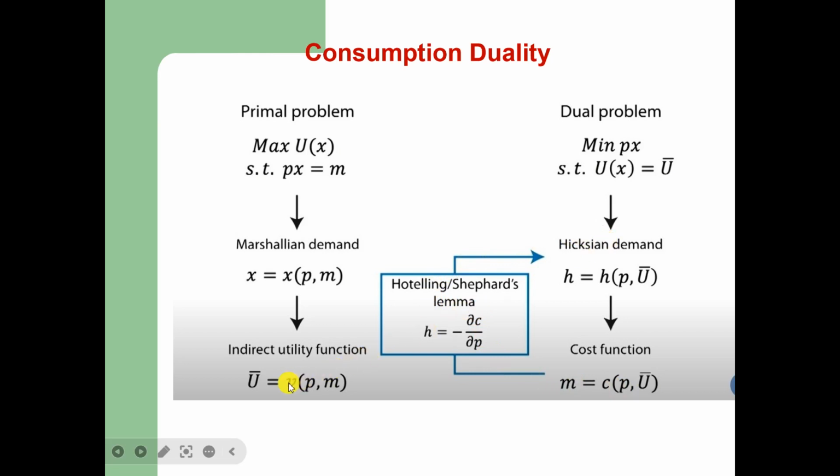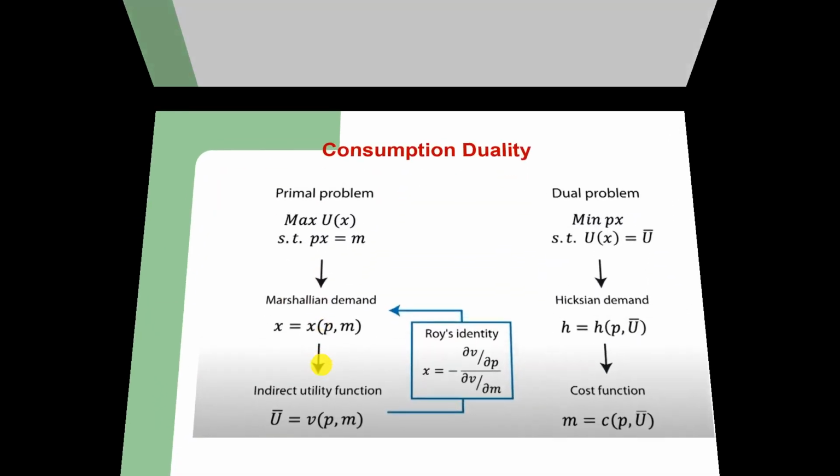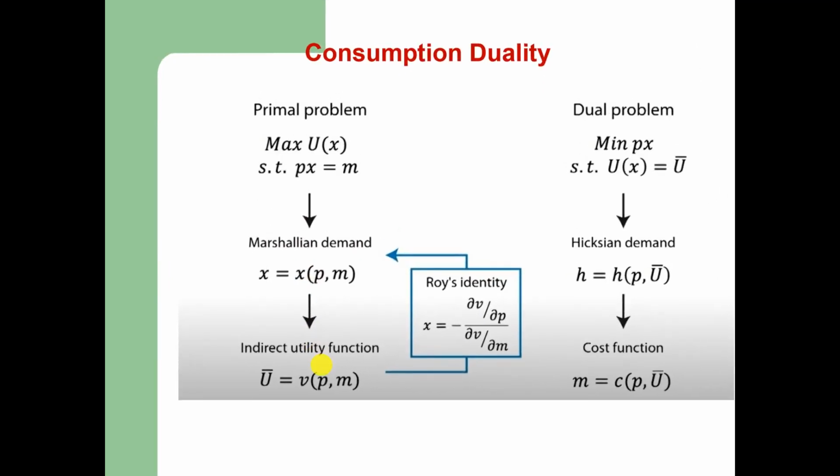Similarly, if we take the partial derivative of indirect utility with respect to price and hold utility constant, then we get what is known as Roy's identity, which can be used to derive the Marshallian demand function from the indirect utility function.